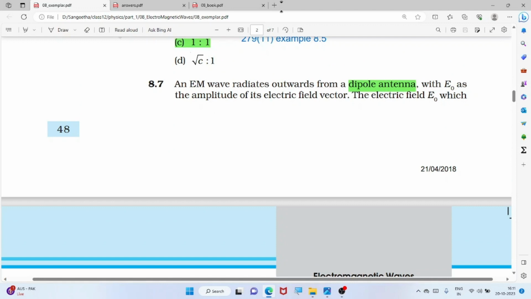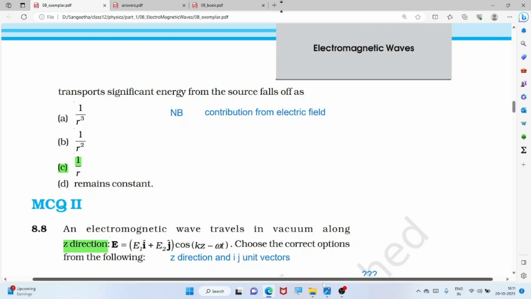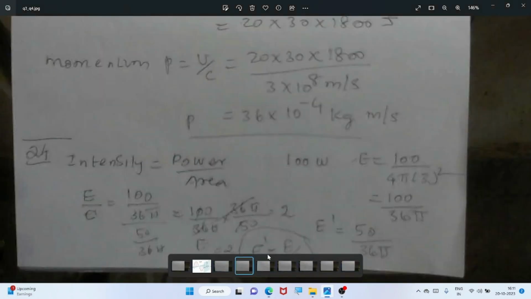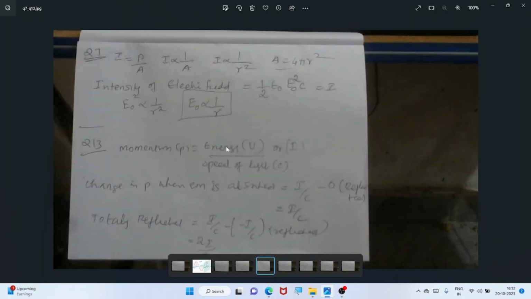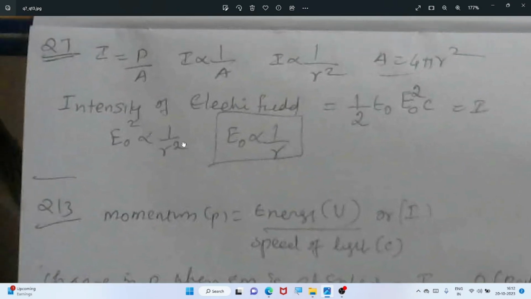The EM wave radiates outwards from a dipole antenna. The amplitude of the electric field E, which transfers significant energy from the source, falls off as what? So I equal to power by area. So I is directly proportional to 1 by A, that is, intensity is inversely proportional to the area.